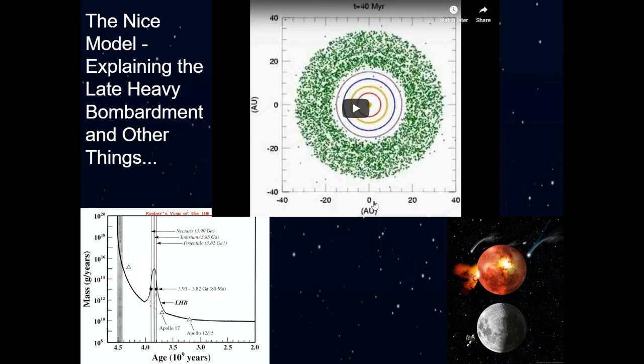This is one hypothesis. It's an interesting one, developed in the southern French city of Nice, probably at a cafe. I don't know. I'm sure it was a lovely afternoon when they first discussed it and gave it the name Nice model. Regardless, this is an explanation for the Late Heavy Bombardment and the craters that we see on our natural satellite.